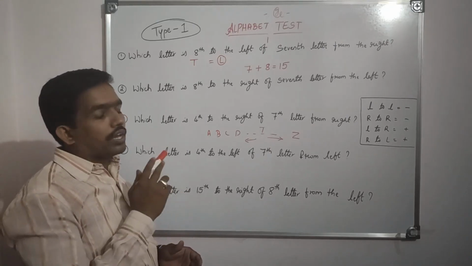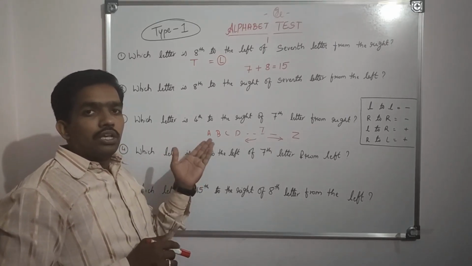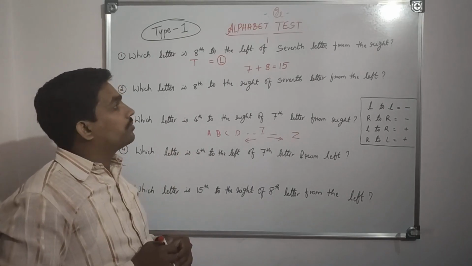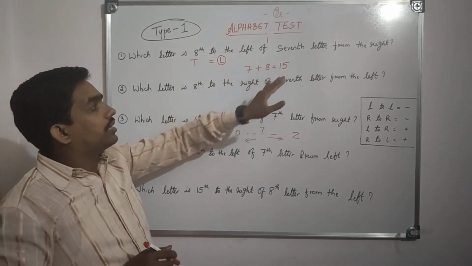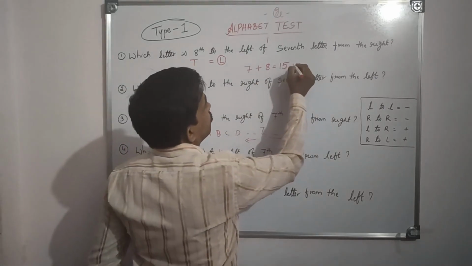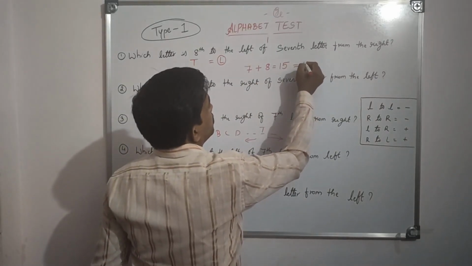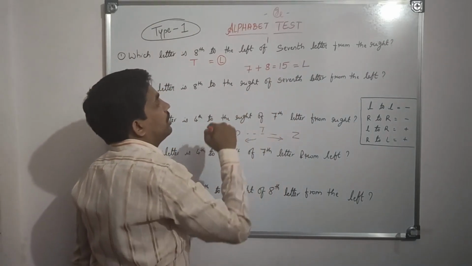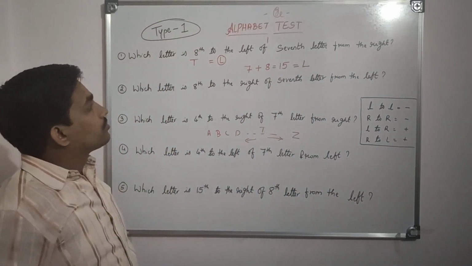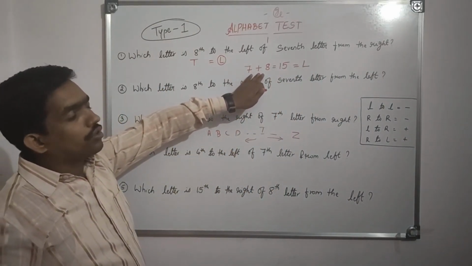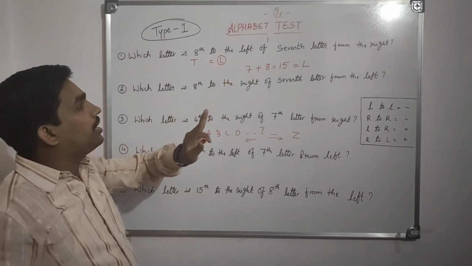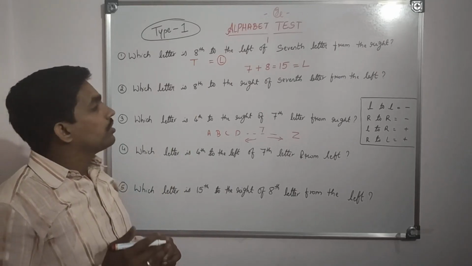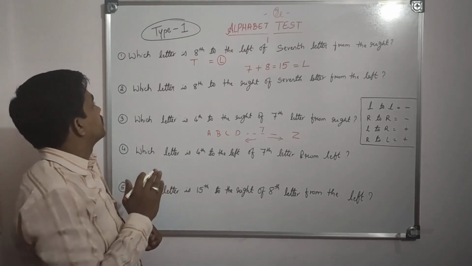If you have any doubt, you can check by using your yesterday's class notes. So this is how we find the letter. Without knowing this method, you can also solve it, but it will be a lengthier process.